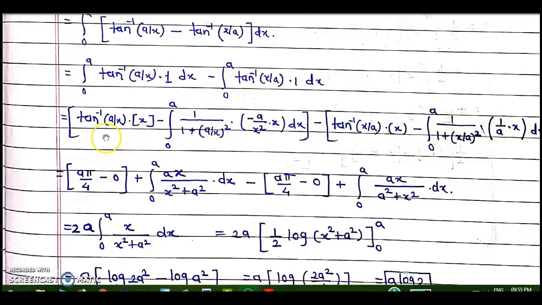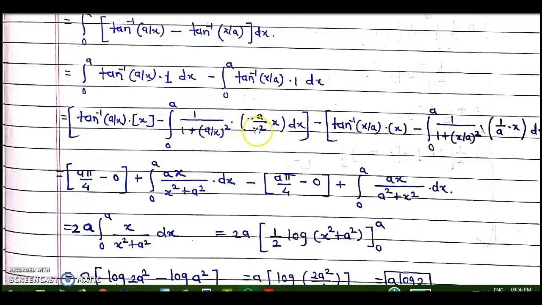So if we go for upper limit minus lower limit, now tan inverse a by x into x with the limit 0 and a. So upper limit, if we put, we get tan inverse of 1, which is pi by 4, into x, which is a. So the upper limit gives us a pi by 4 minus lower limit, x is 0, so which is 0, plus this integral as it is. Now 1 plus a by x square can be written as x square upon x square plus a square.